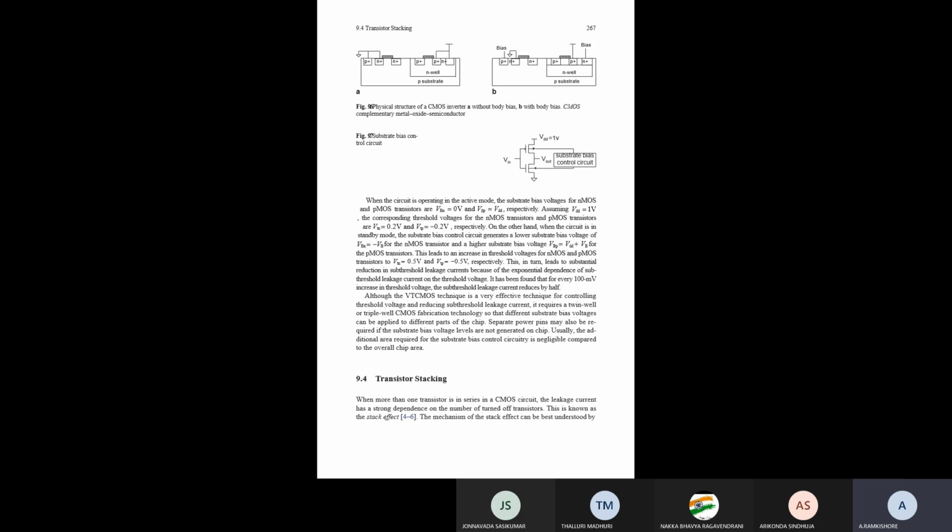The technique in today's class, the process name in short form, we can call it the VT CMOS approach. VT is nothing but variable threshold, so variable threshold complementary metal oxide semiconductor approach.